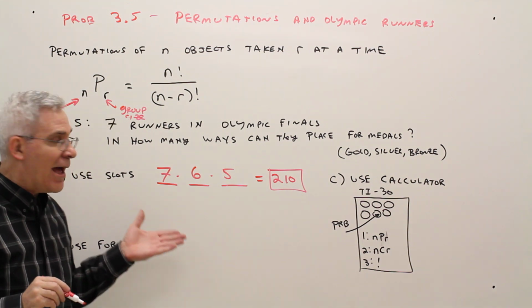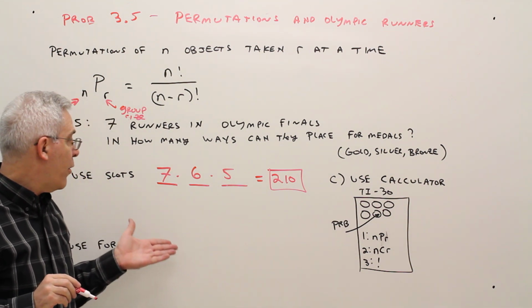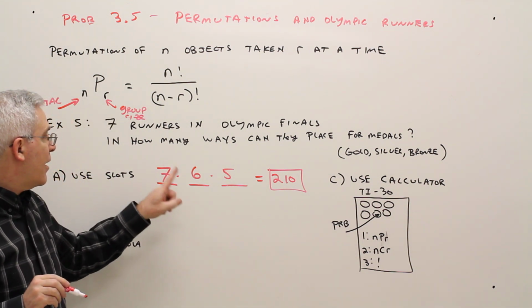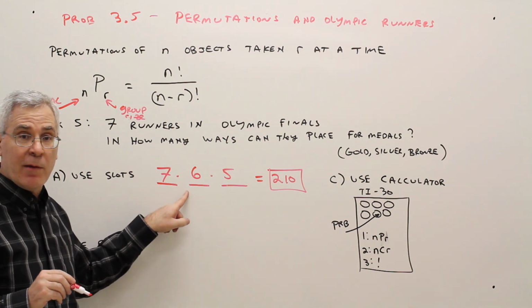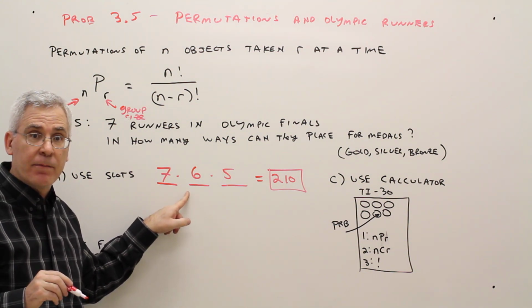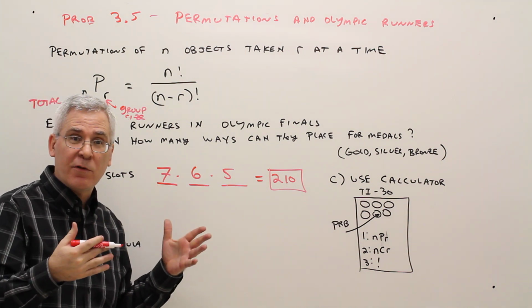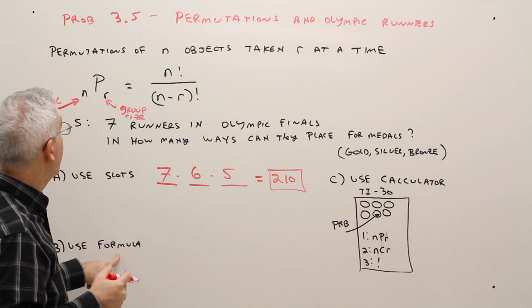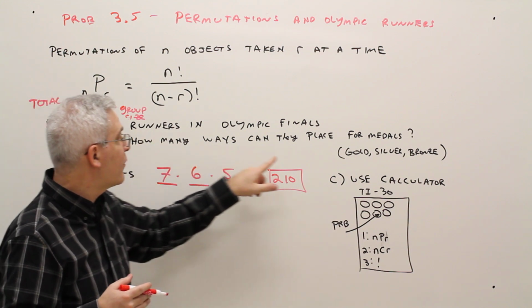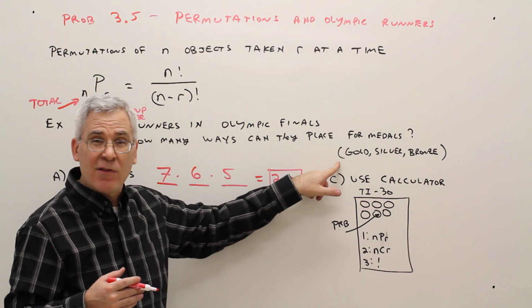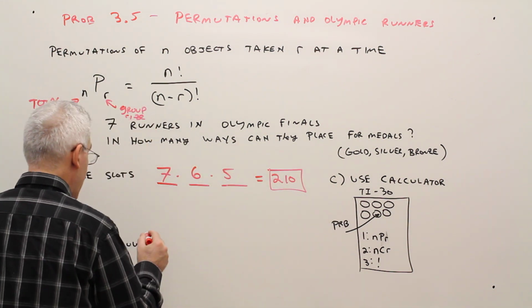All right, now I'm going to use the formula, and hopefully you'll see that the formula is nothing more than a way of describing that algebraically. I prefer the slots if it's not a big number, just so I can see what's going on. So now let's use the formula. So I've got 7 runners, and I want to find out how many ways they can place in 3, so it's going to be the following.